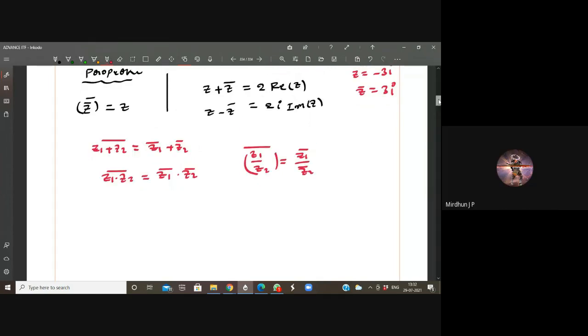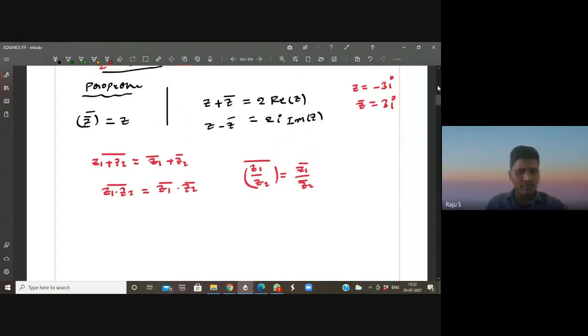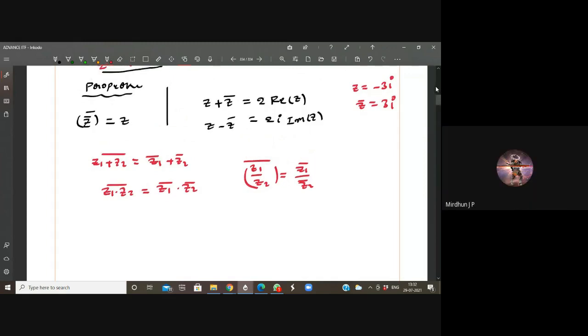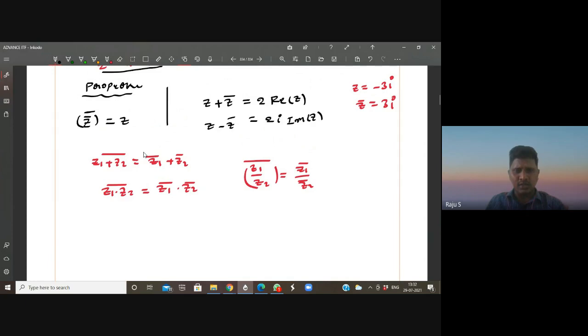Once we have written the conjugate, we have written one line. Z1 whole conjugate is called Z1 bar.